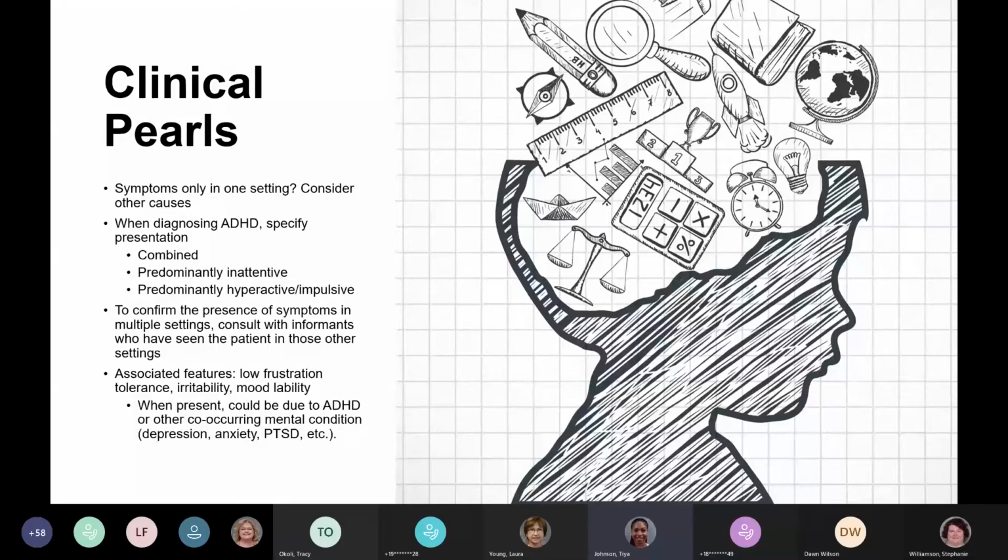Because it could be ADHD or it could be a co-occurring mental health condition such as depression, anxiety, or post-traumatic stress disorder, or other mental health conditions. So one way to help with that is to focus on treating the one first.